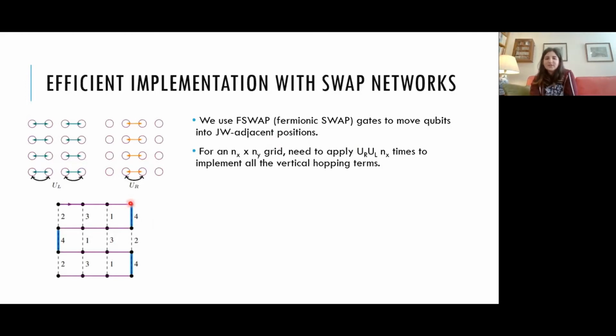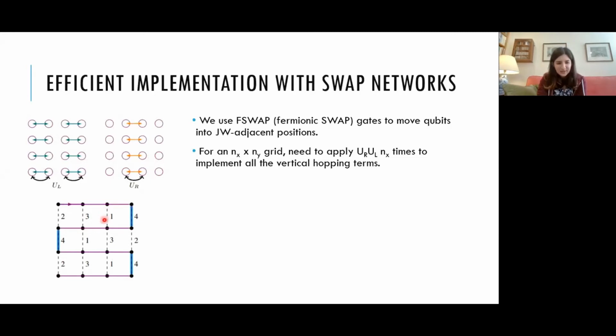So the way we do this is applying these gates, these ULs and URs. If we apply UL once, we would swap these 2 columns, and then we swap these 2 columns for UL, and then we'd swap these 2 columns.